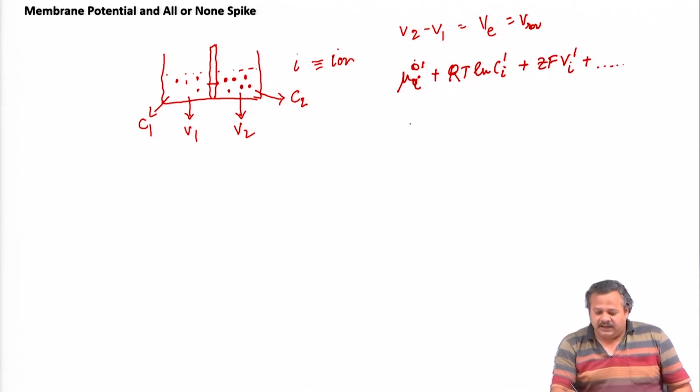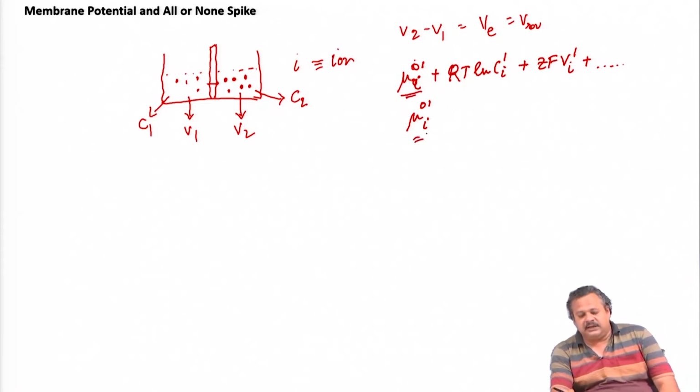Similarly, on the right hand side, we have mu I, the ion 0. On side 2, it is also going to be the same, because this is the molar free energy, and that is essentially the potential of the ion at unit concentration and 0 potential.